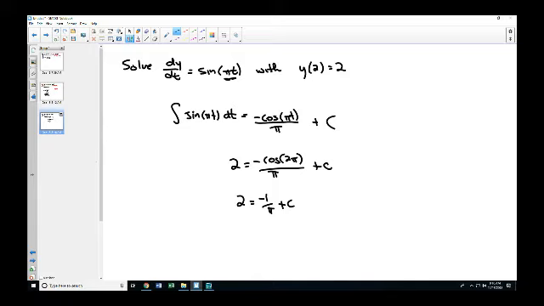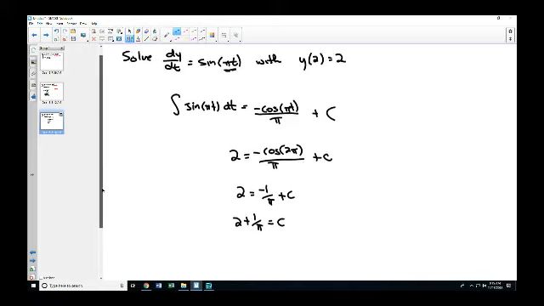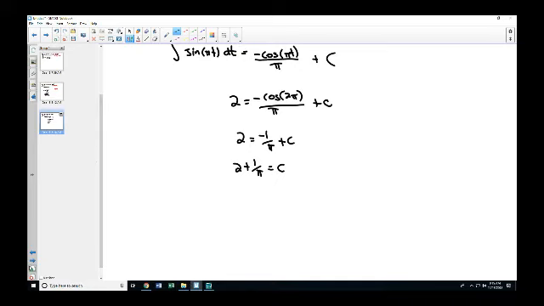I don't know if I trust that. I'm pretty sure it's good. Okay, so add, right? There's your constant. And then write your function.